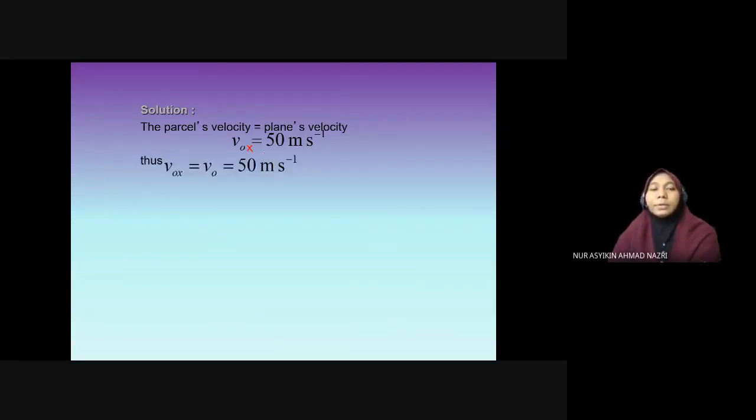Right, thus V naught X dia macam ni lah. V naught Y dia at this time is 0. Okay. So vertical displacement is given by negative 300 meter. Again need to include your negative sign ya class.